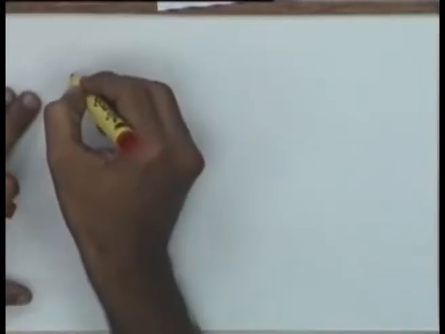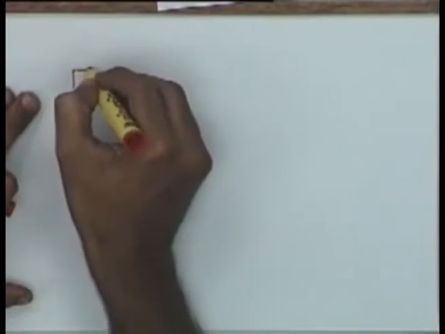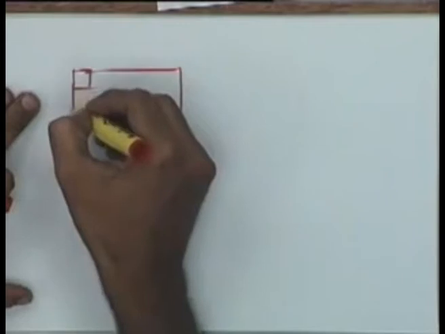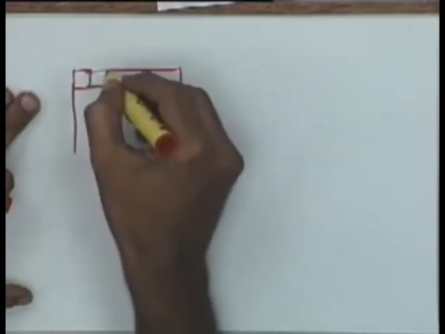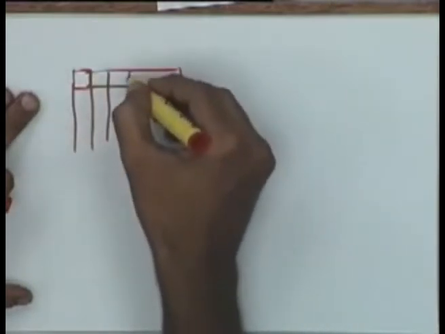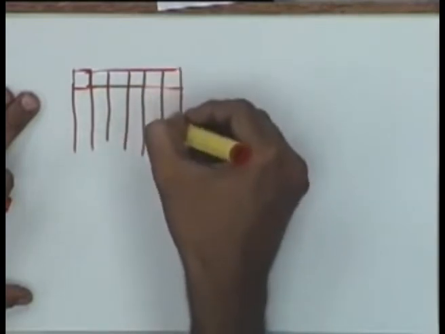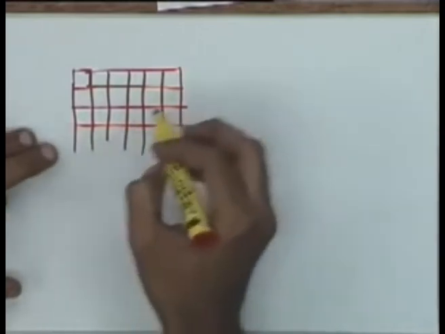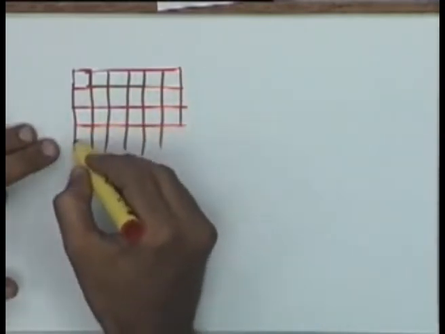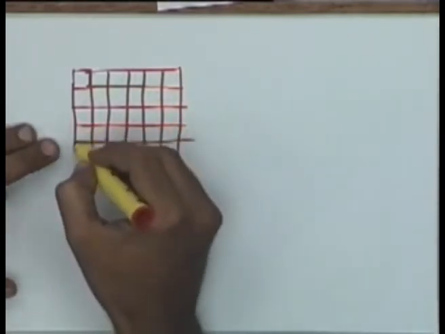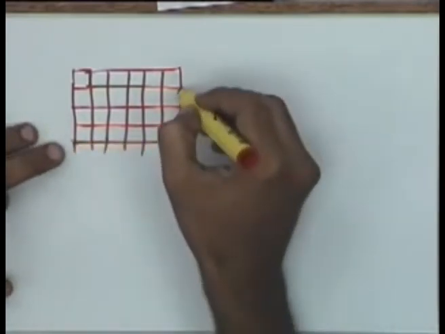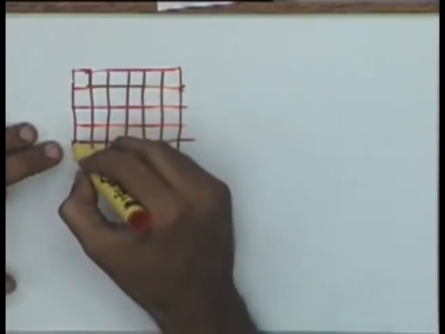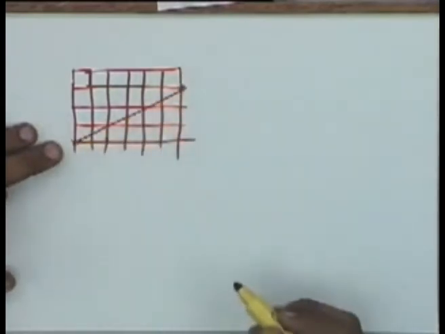On this screen, let us say I will make it on a larger scale. If I want to make a line from this point to this point, my line should ideally be like this.